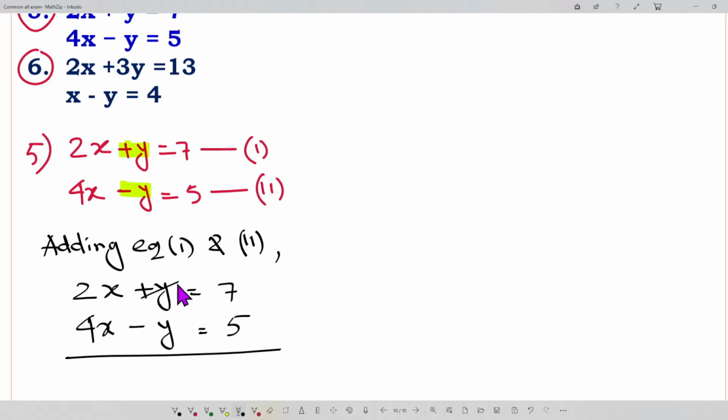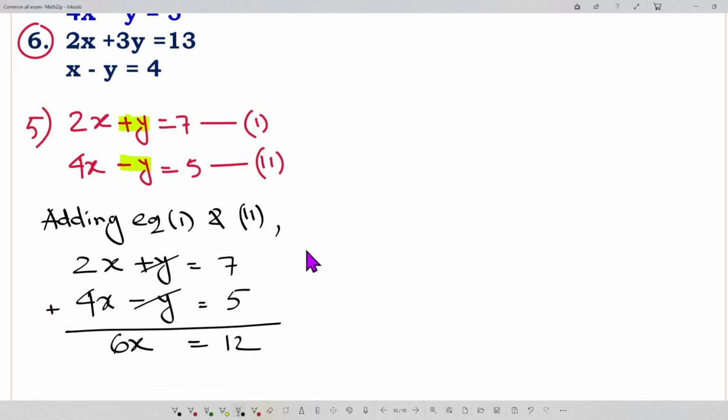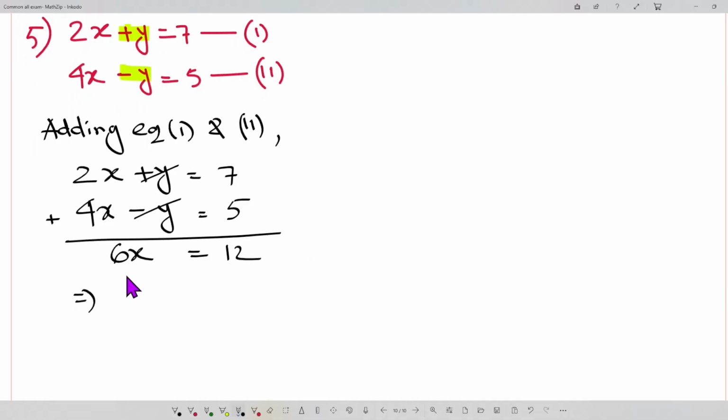So this plus y and minus y cancel out. 4x plus 2x will be 6x, equals 7 plus 5, which is 12 after addition. Now if we divide both sides by 6, we get x equals 12 by 6. 12 divided by 6 is 2. So we can say x equals 2.